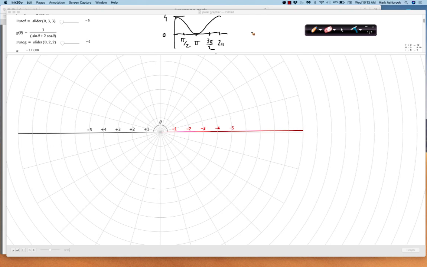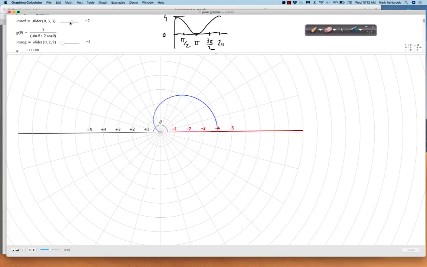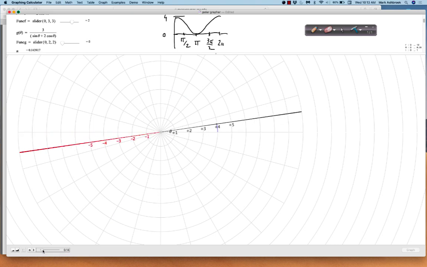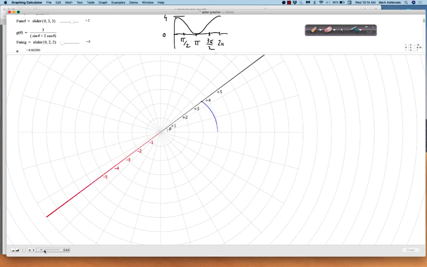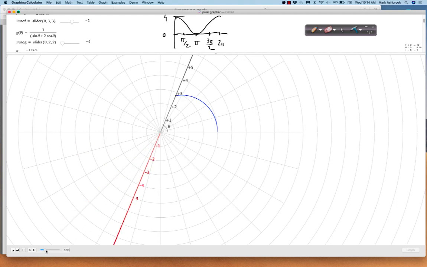So as we go from 0 to pi over 2, we had from about 4 to about 3 maybe, or something. So let's see what this looks like. All right, so we're going to go from 4 to about 3 maybe. So here's r decreasing as we increase theta, oh no, that's the midline, right?